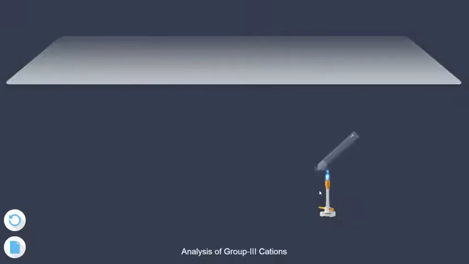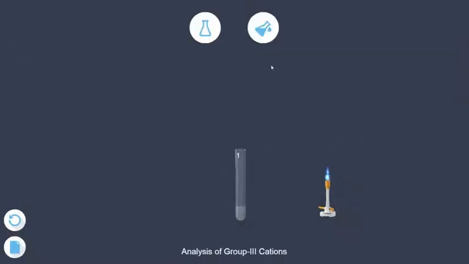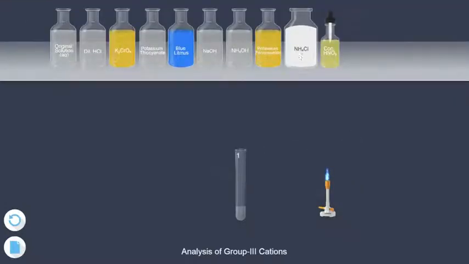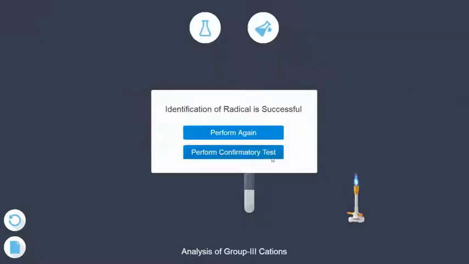After cooling, add a small amount of ammonium chloride and excess of ammonium hydroxide solution till it smells ammonia. A gelatinous white precipitate appears, which indicates the presence of aluminium ions.